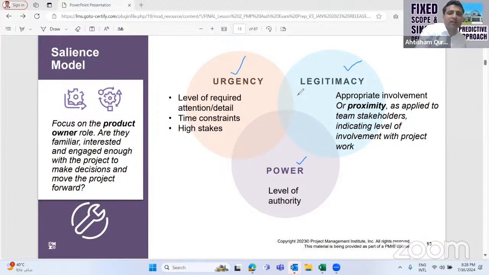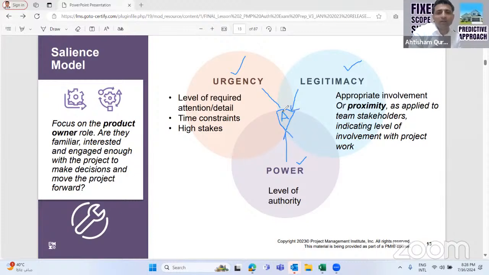If we categorize these stakeholders into legitimate, urgent, and powerful, there will be an overlap area which will be really important for us. If stakeholder A or stakeholder B lies here, then it will be a super important stakeholder. Make sense? Because they have got urgency, legitimacy, and power.